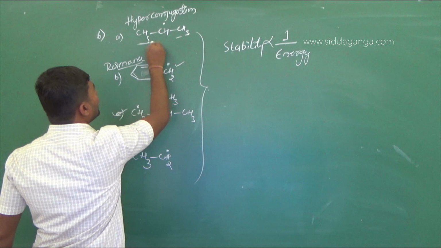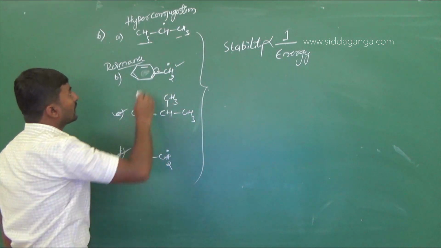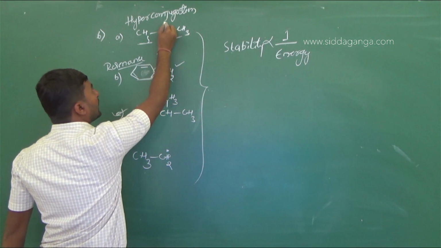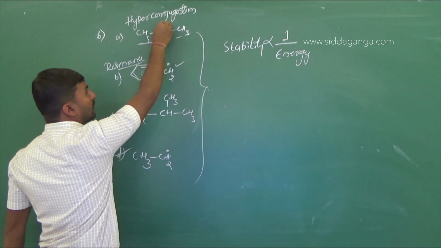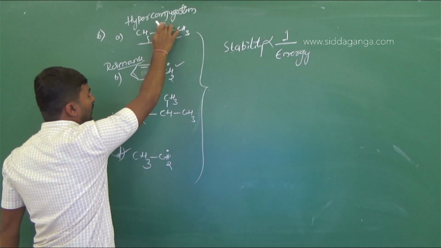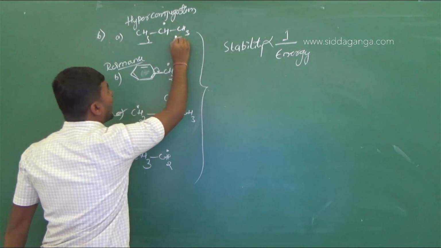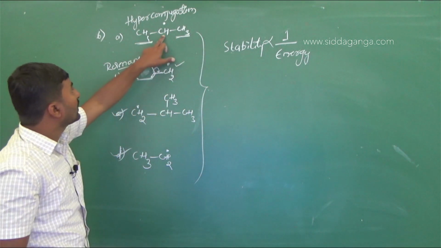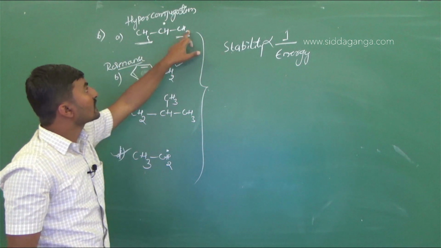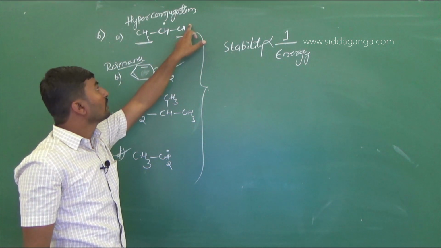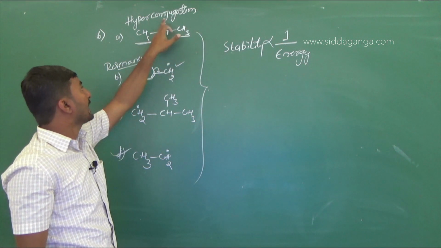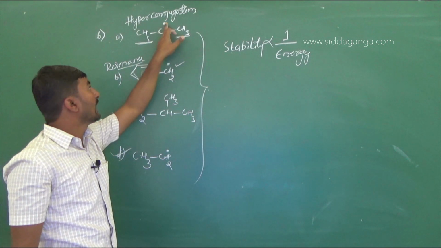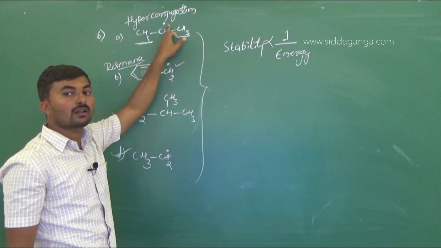Among these three structures, to satisfy the electrophilic nature of this free radical, we have 6 hydrogens on the alternate carbon atoms. So these 6 hydrogen atoms can satisfy the electrophilic nature of this free radical.